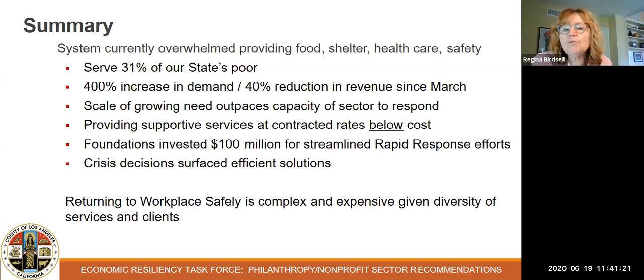We also know that the county does not pay full fare, that we've been talking for several years about this idea of real costs and reimbursement rates, and that foundations were very fast to respond, bringing together $100 million over the last couple months just to take the emergency food, housing, rapid response, crisis intervention dollars that got out into the market very quickly.